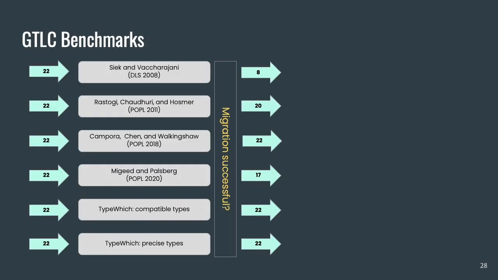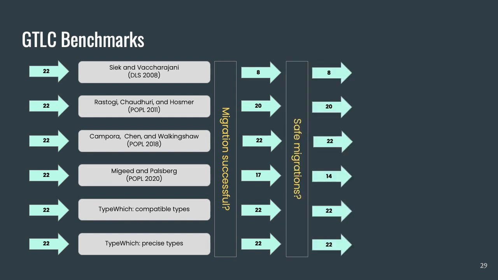To run our GTLC benchmarks on the tools, we give each tool all 22 GTLC benchmarks, and first ask if a migration is produced. Some tools don't produce a migration for every program. Of the remaining subset, we ask whether the migration is safe. Of those safe migrations, we ask two questions.